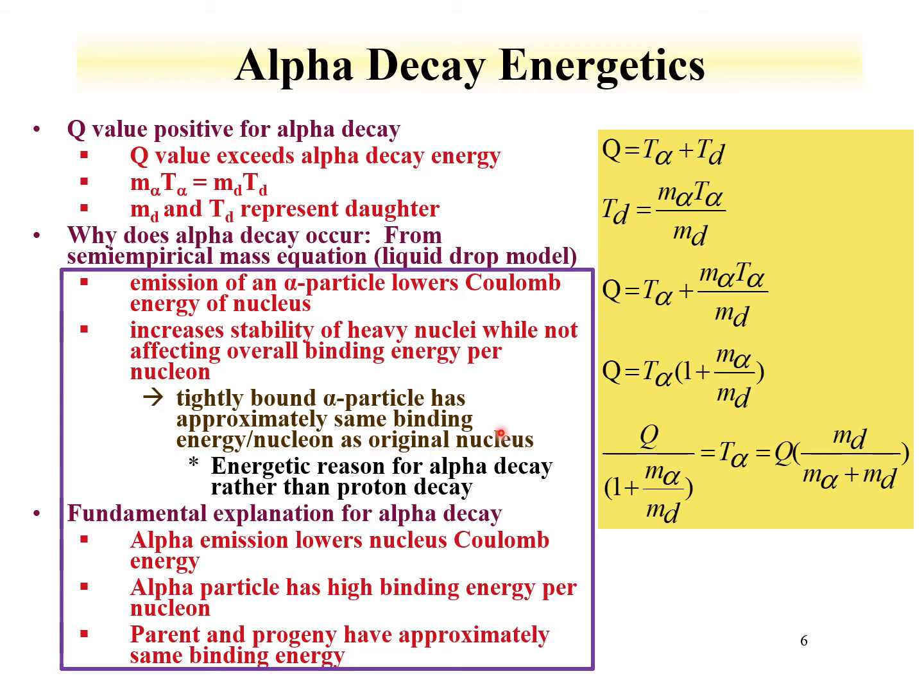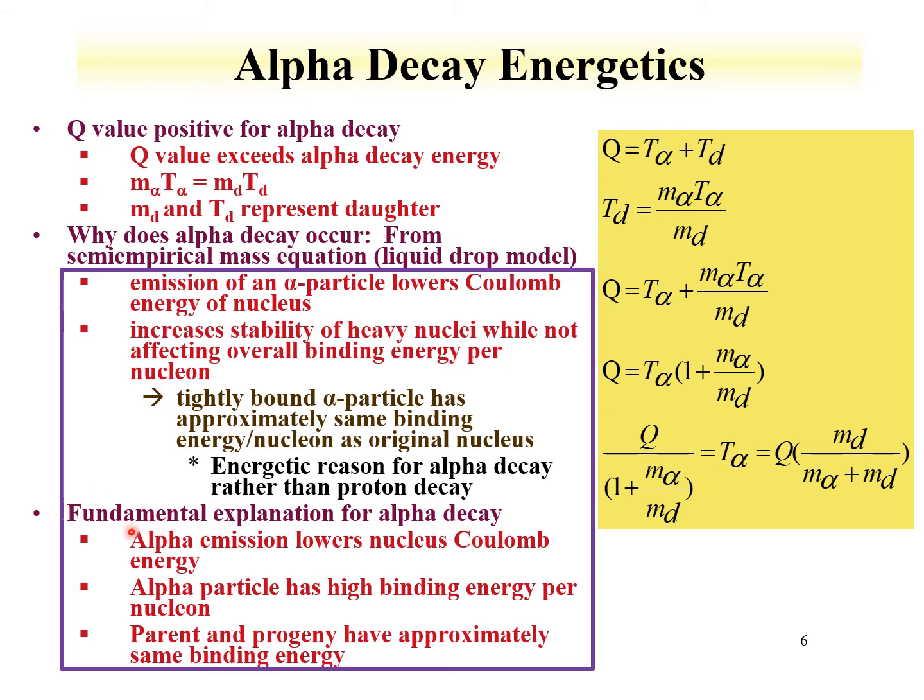So this is the energetic reason for alpha decay rather than proton decay. It's this tight binding energy of the alpha nucleus, which is greater than that of a single proton. So this is the fundamental explanation for alpha decay.